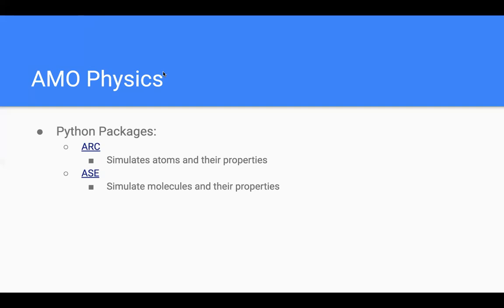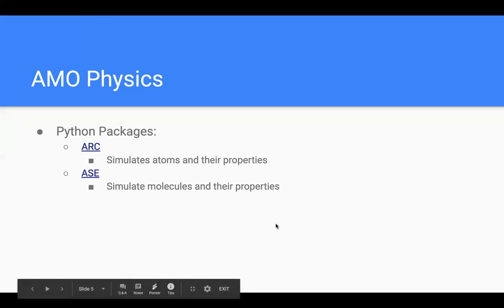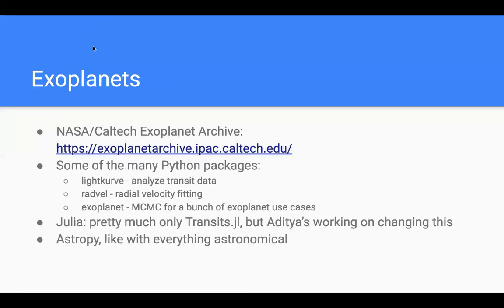And then ASE, I forget what ASE stands for, is a tool that lets you assemble atoms into a molecule and tries to numerically solve how they interact. I haven't used either of those, and I'm not an atomic physicist, so I don't know a whole lot about them, but I've heard of them.